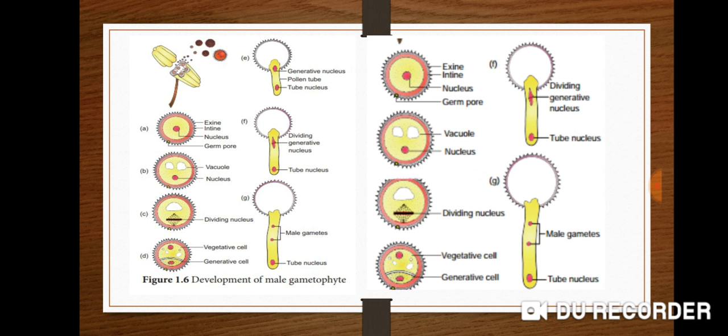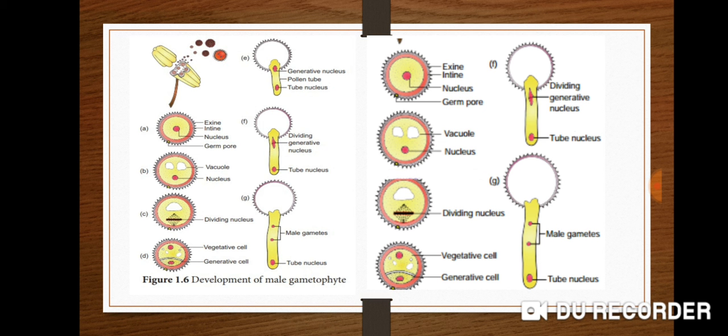After the release of pollen grain from the anther, it undergoes expansion, which is followed by vacuolation. As a result, the nucleus is pushed to the periphery. The pollen grain undergoes first mitotic division to form two unequal cells.